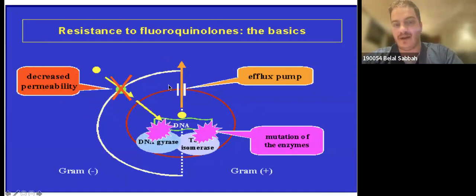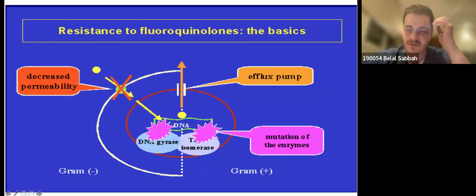Another way, if the bacteria develops a pump that can pump out the drug after it goes in, before it can exert its effect, that's resistance, okay? So efflux pump and decreased permeability, you can see that with the other antibiotics as well, by the way, but not as much in here. Resistance to fluoroquinolones is a very high-yield topic, and you should know it well. And then obviously you have the mutations to the enzymes.